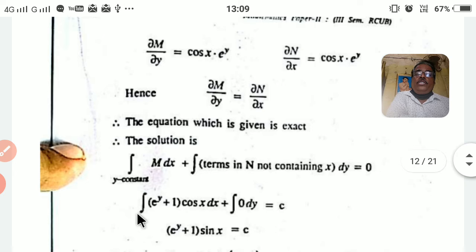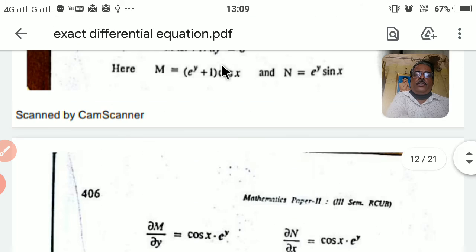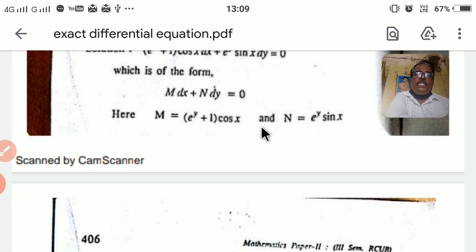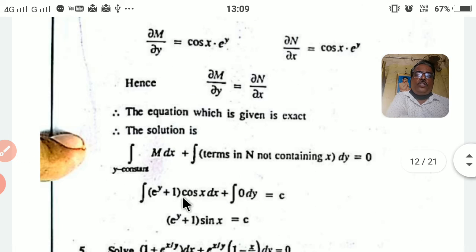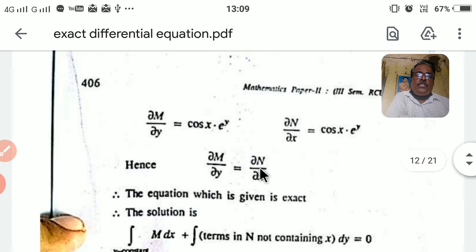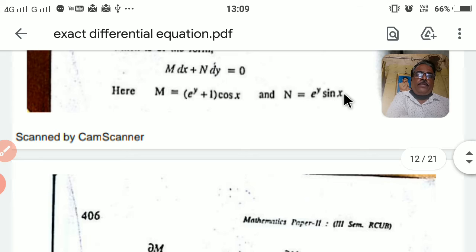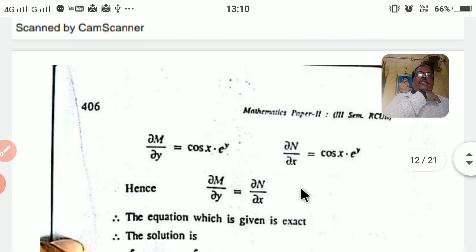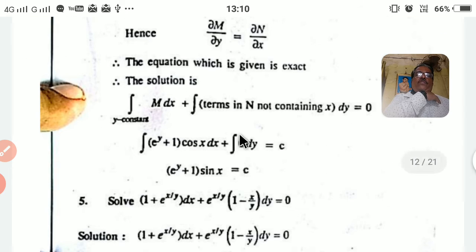Now the integration of M means the integration of (e^(y+1)) cos x dx, plus the integration of terms of N. Now see here, this is a term of N, and there is no term not containing x, which means there is no term free from x. Here sin x is there, therefore the terms not containing x is 0. So this is the integration of 0 dy, which is equal to c.